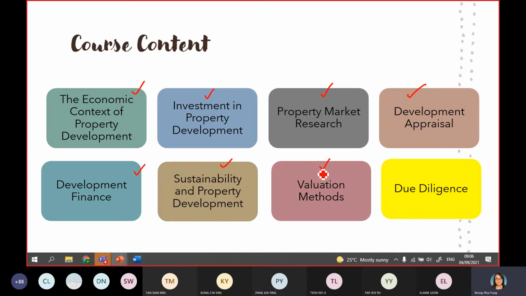It's not very comprehensive because you are not valuers, you are QS, cost planners. So in this chapter you only learned a few basic valuation methods, not in detail. And we ended the course with the subject of due diligence, how to conduct due diligence in property development.